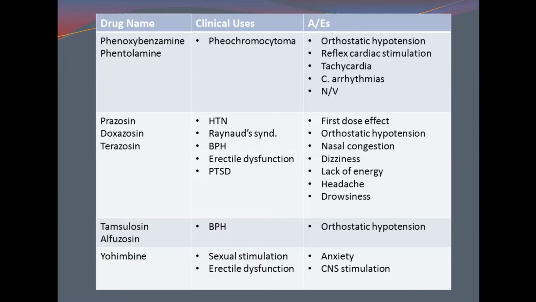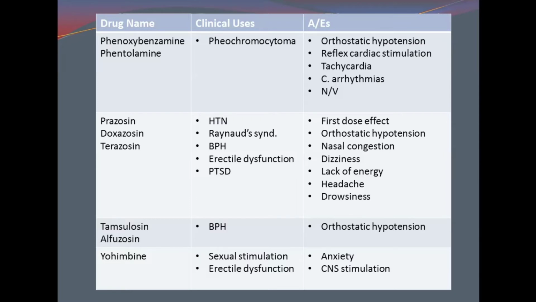Clinical uses and adverse effects of alpha blockers: the non-selective phenoxybenzamine and phentolamine are used in pheochromocytoma. Pheochromocytoma is the tumor of the adrenal gland which causes increased release of epinephrine and cardiac stimulation, cardiac arrhythmias, nausea and vomiting.